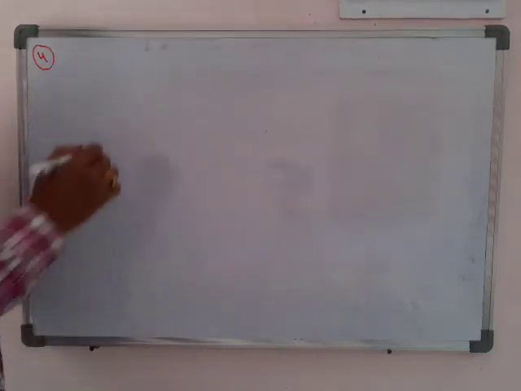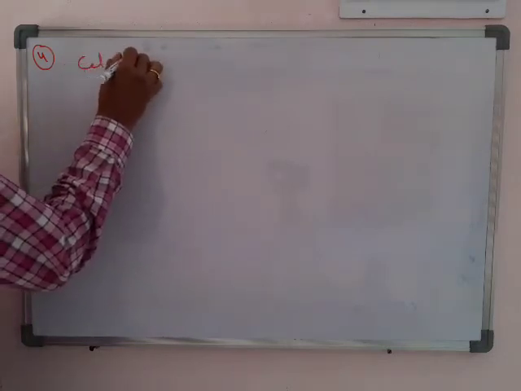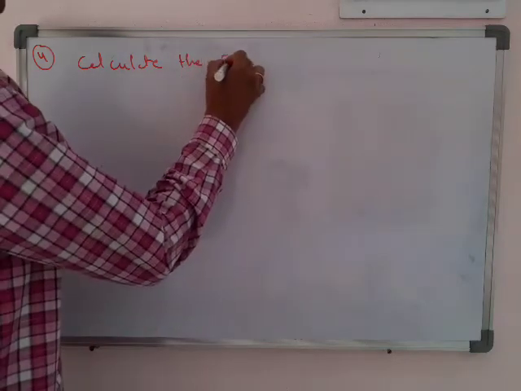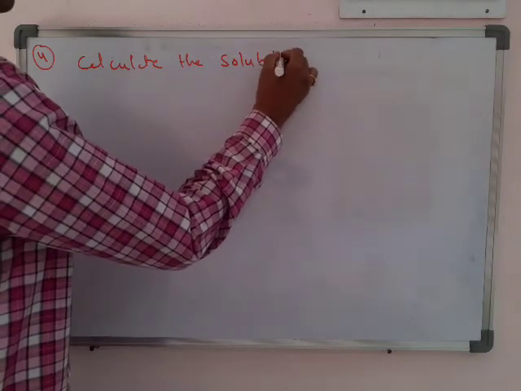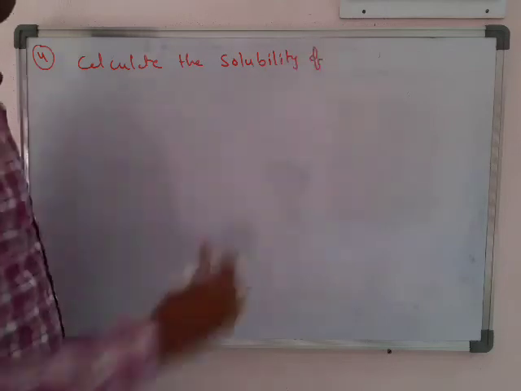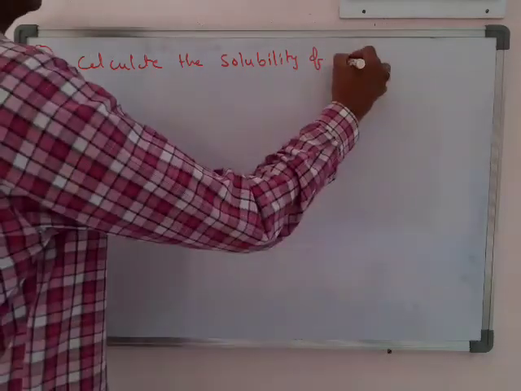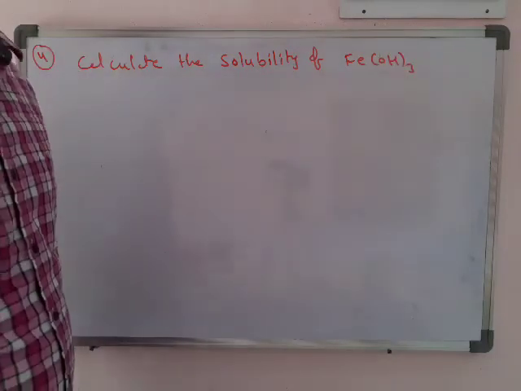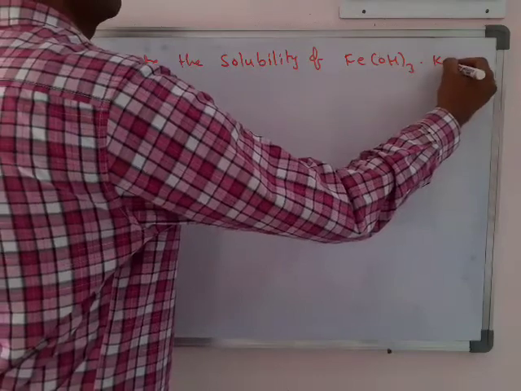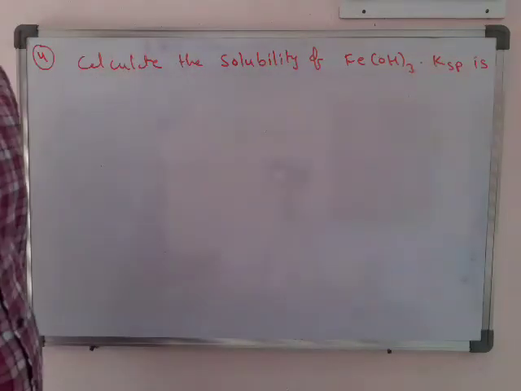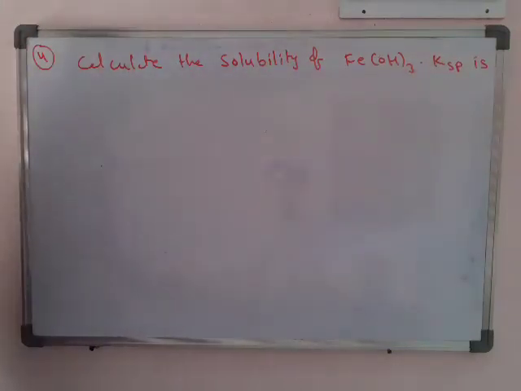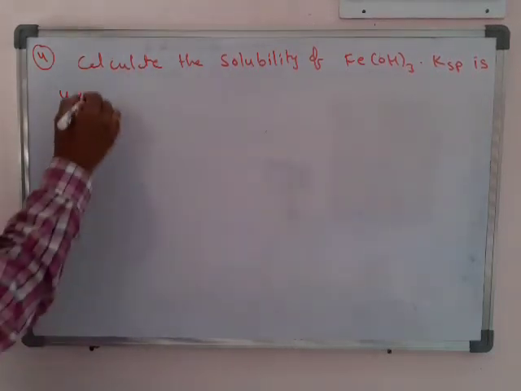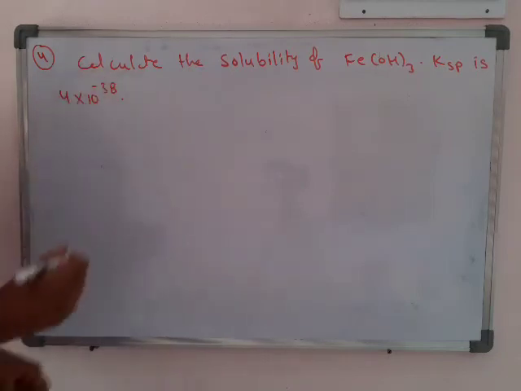Okay, see one more. To calculate the solubility of ferric hydroxide, the Ksp value is given, four into 10 power minus 38.